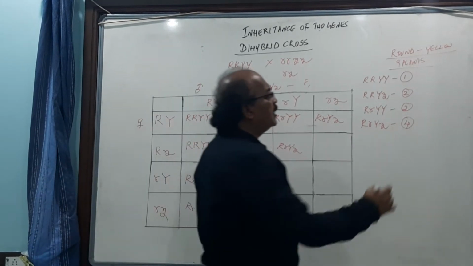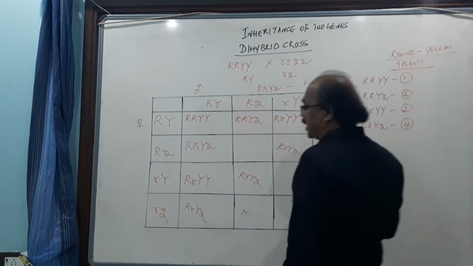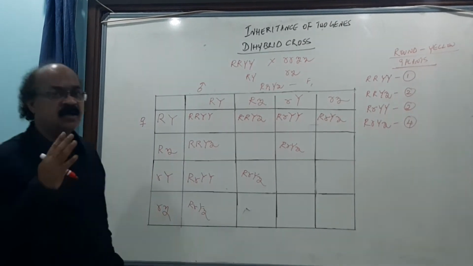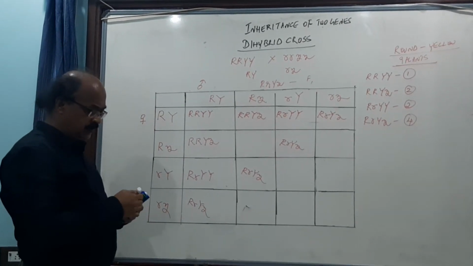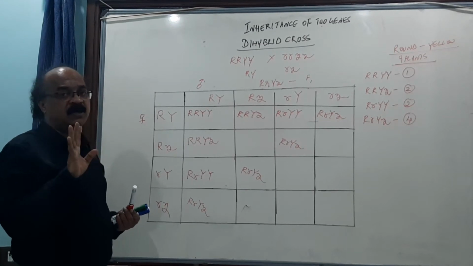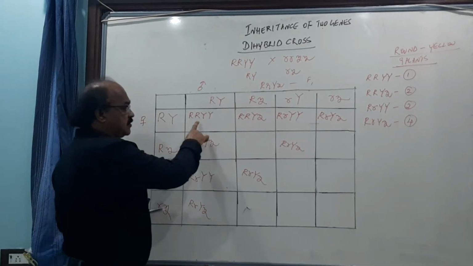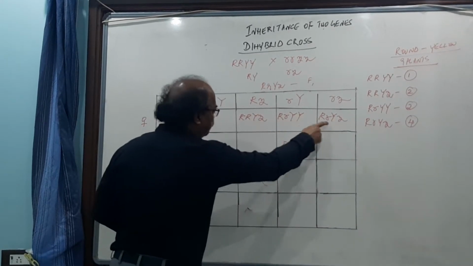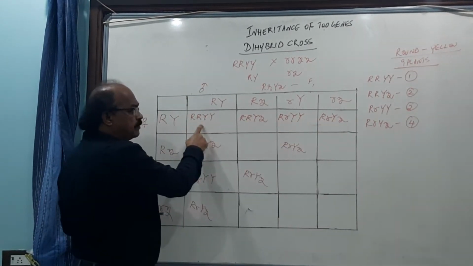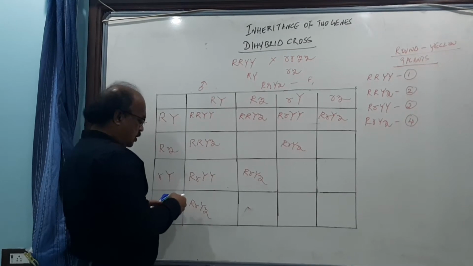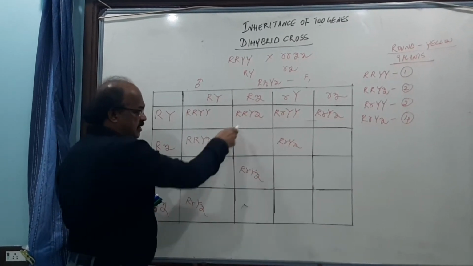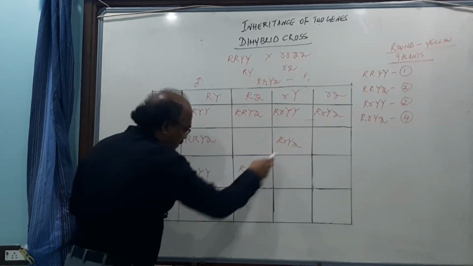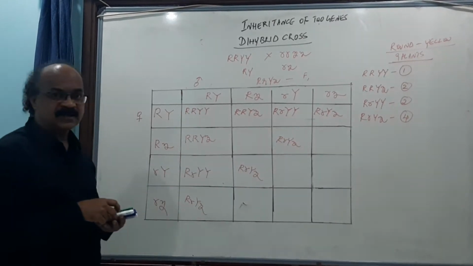So total round and yellow, there are 9 plants with 4 different types of genotypes. Phenotype is round and yellow, but this is one type of genotype, this is another type. With this genotype, only one plant. With this genotype, you got two plants. With this genotype, two plants. With this genotype, four plants.